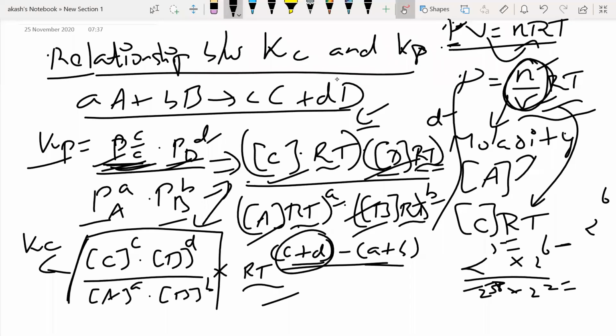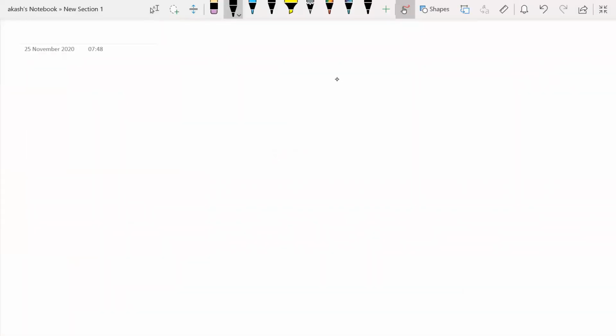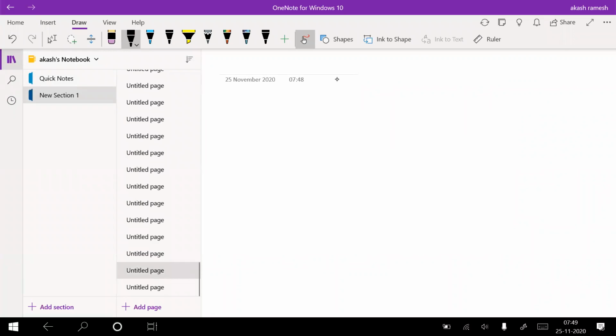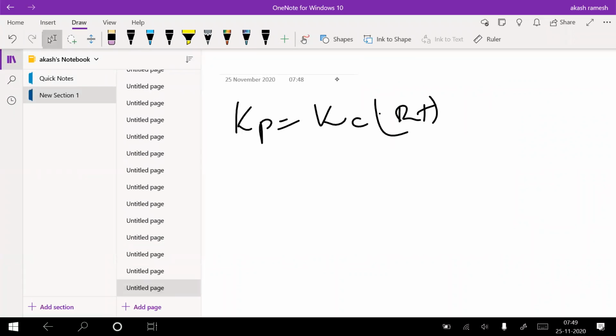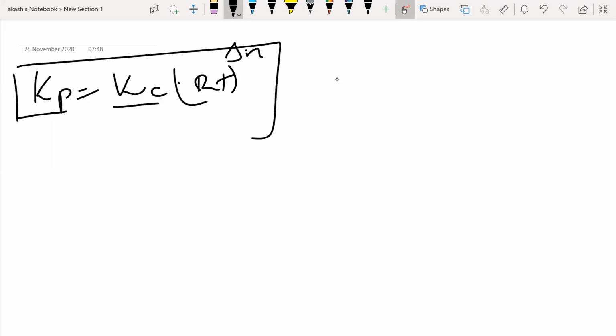C and D are the stoichiometric coefficients of products, and A and B are the stoichiometric coefficients of reactants, right? So I have Kp is equal to Kc, because we segregated into concentration terms and RT terms, and in RT I have C plus D minus of A plus B. So I'm going to write it as delta N. That's it. This is my equation.